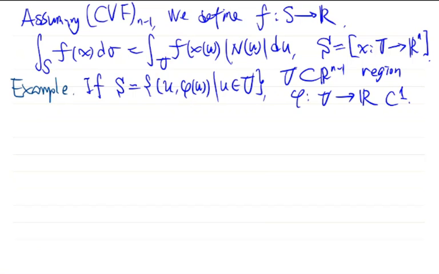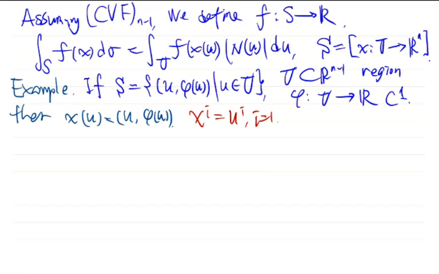Then our x of u is u, phi of u. That is, xi equals ui for i from 1 to n-1, and xn is phi of u.